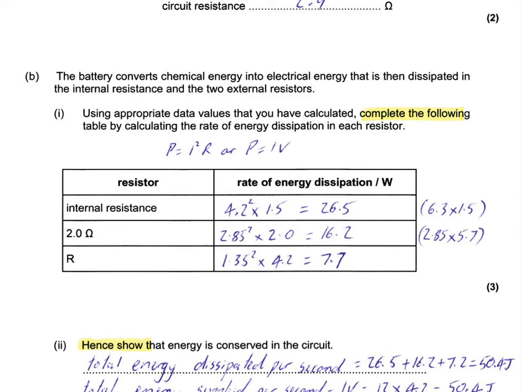But we do know the current going through the resistor, that should be 4.2, and V across the internal resistance we worked out previously, and we could do it for the 2 ohm and for R, in fact, in the same way. Those aren't the right values, but you can do it using P equals IV where you've got that data.